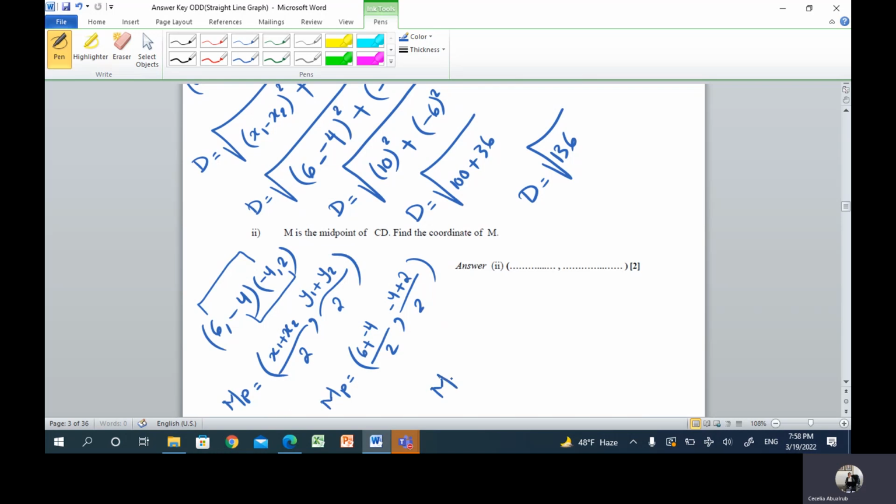So 6 plus minus 4, which means 6 minus 4, it will be 2 over 2. And minus 4 plus 2, it's minus 2 over 2. So 2 over 2 is 1 and negative 2 over 2 is negative 1. So the answer here is 1 and negative 1.